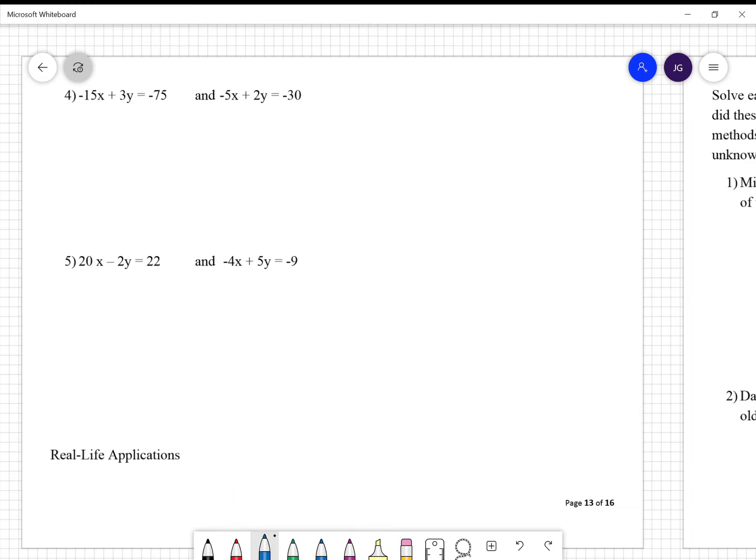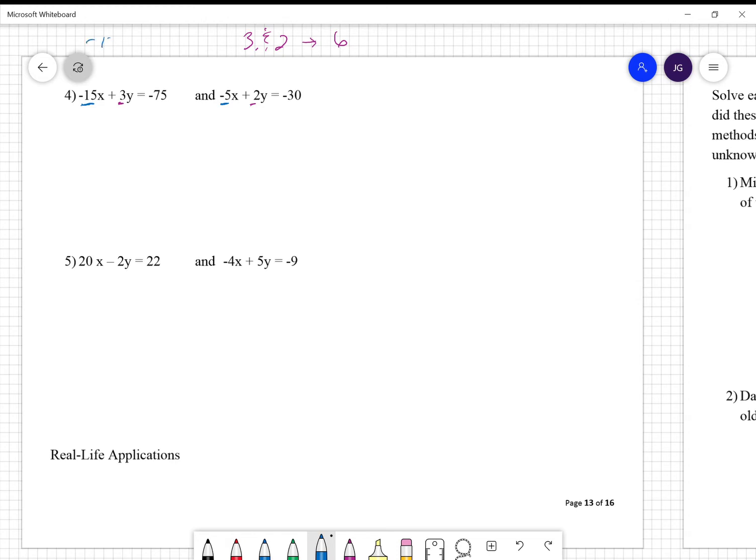In the first equation, I have negative 15 for x and negative 5 for x. For y, I have 3 and 2. 3 and 2, LCM is 6, so I would have to multiply 3 and 2 to get 6.